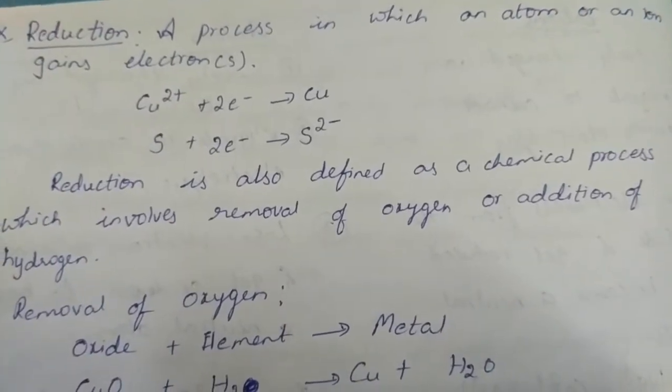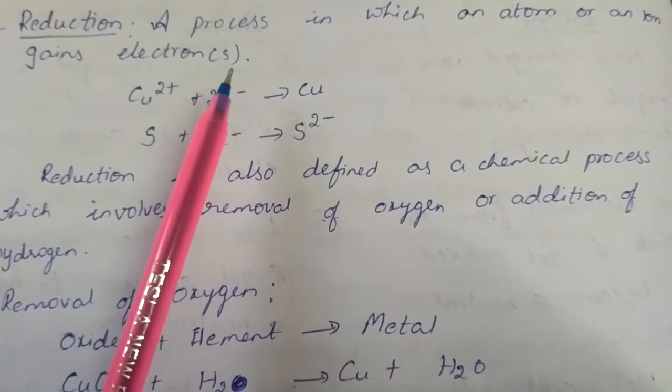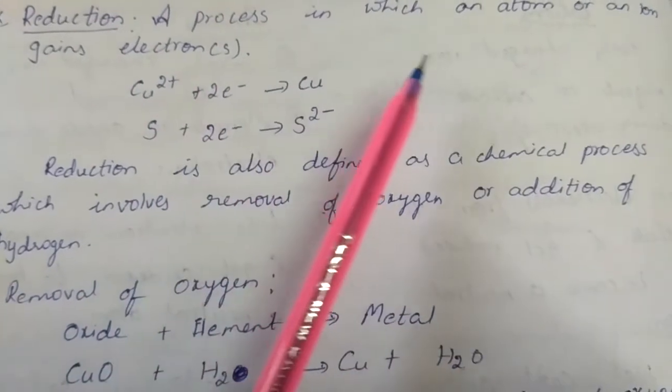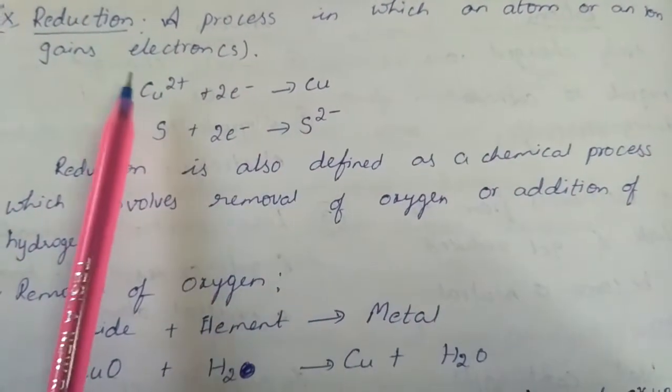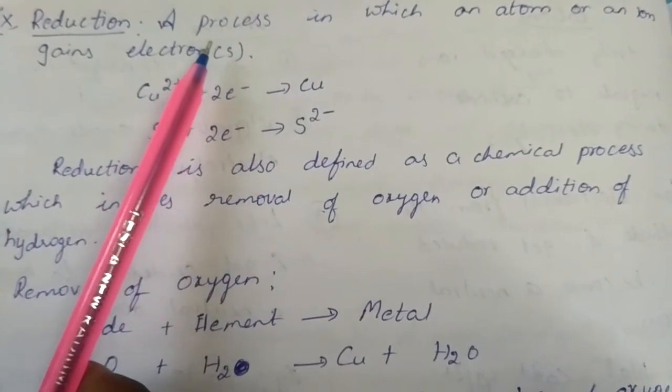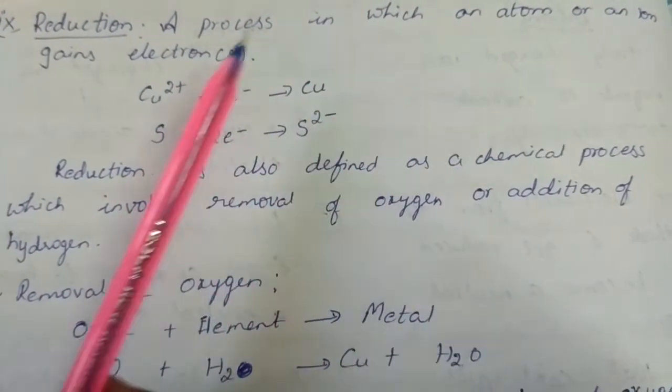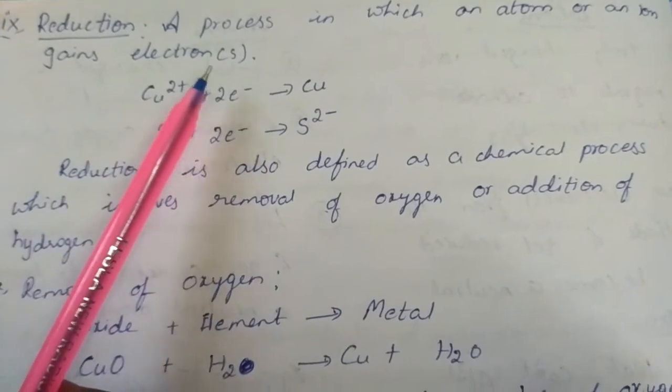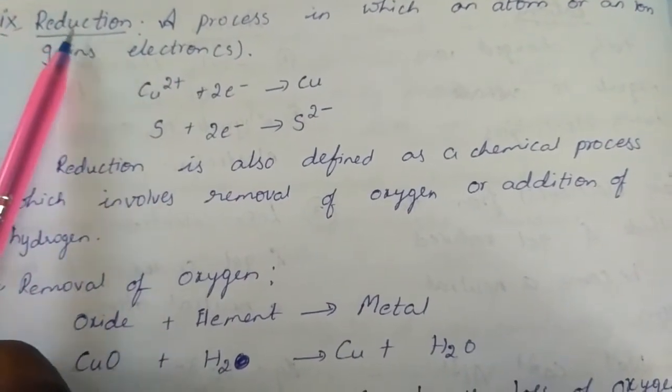Now, reduction. Reduction is a process in which an atom or an ion gains electrons according to electrolysis. If an atom or an ion gains electrons, this process is called reduction.